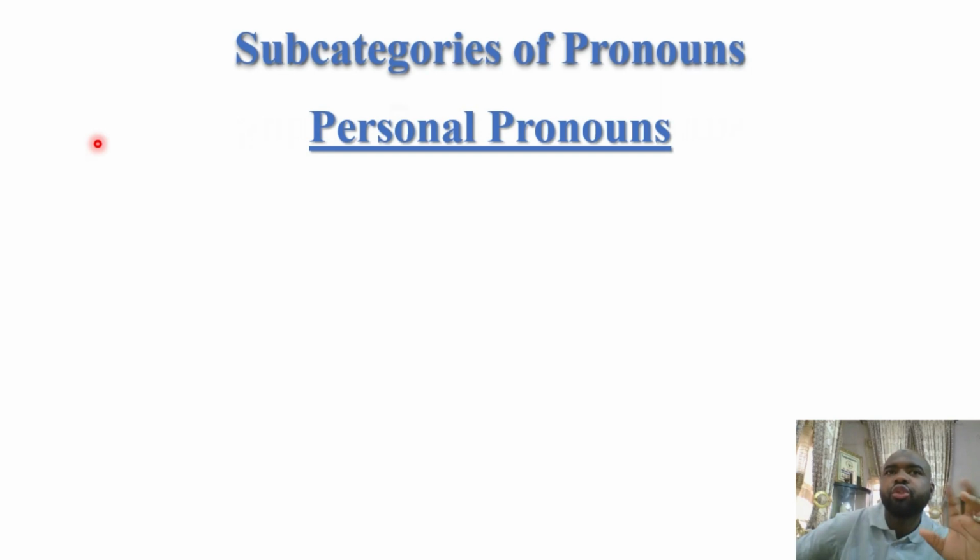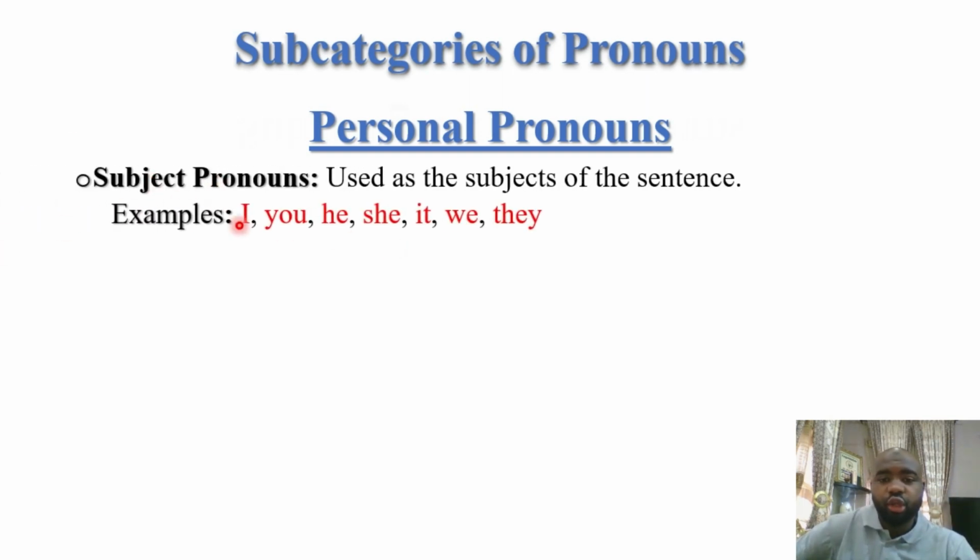These are the pronouns we use to replace the names of persons, people like you and I. Examples are I and you, he, someone who is not here, she, someone who's not close to you, it, we, plural of I, and they. These are the examples of personal pronouns.